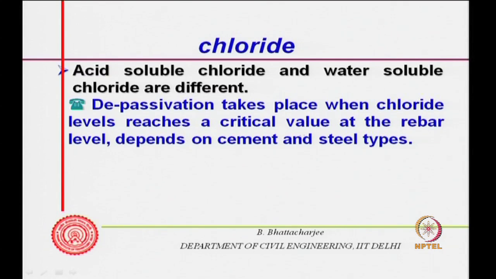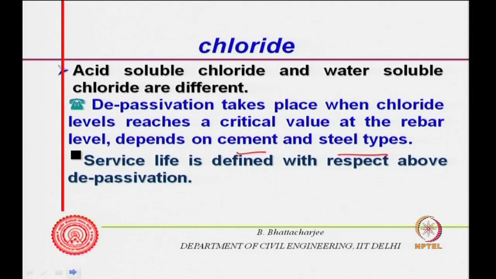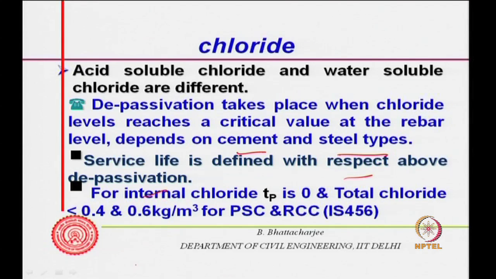Depassivation takes place when the chloride level reaches a critical value at the rebar. This is sometimes called the threshold chloride level, and it depends upon cement and steel types, and service life is defined with respect to the above depassivation. Of course, internal chloride is the chloride coming from ingredients, and IS 456-2000 tells you that this internal chloride, which is acid soluble total chloride, should be less than 0.4 or 0.6 kg per meter cube for RCC, and for pre-stressed concrete 0.4 kg per meter cube.